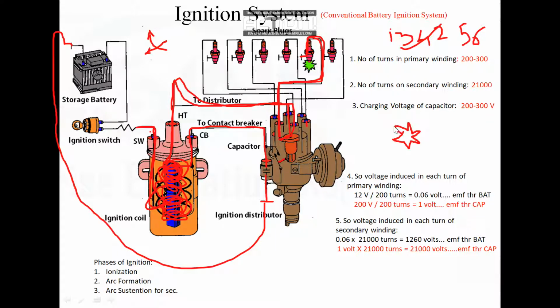Whenever this notch pushes this push bar, this contact gets broken. So contact breaking and contact making of the contact breaker take place through the notches present on the rotor bottom, and these notches are equal to the number of cylinders present in the engine.